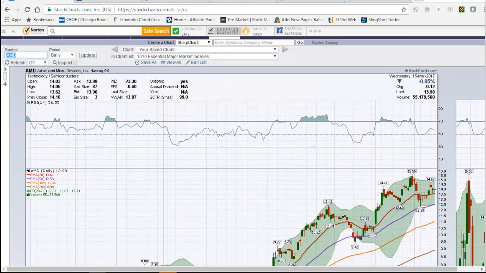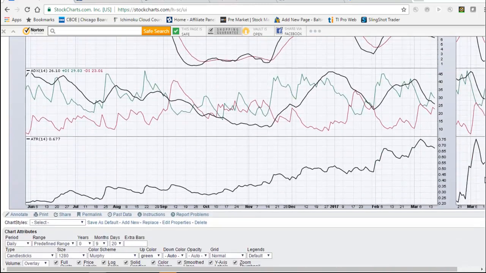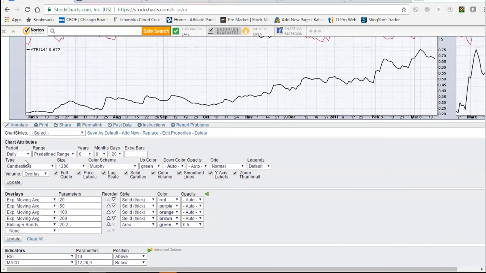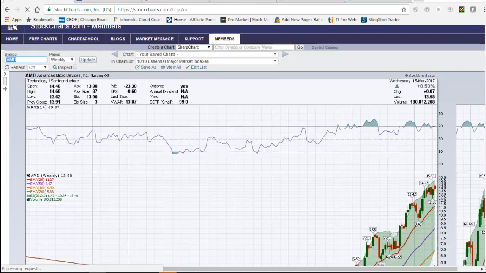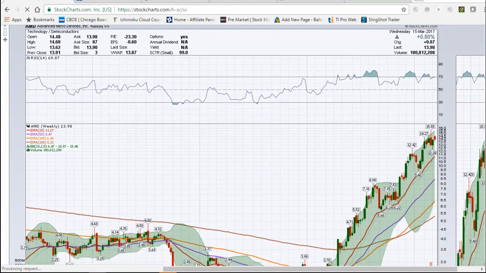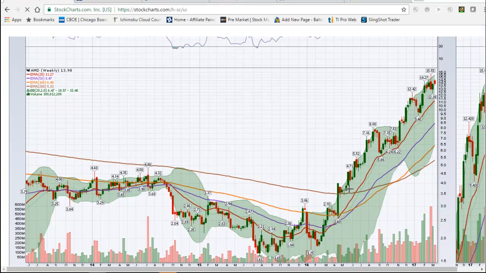Okay, so now what I want to do is look at my weekly and my monthly charts and see if they also show momentum. So let's look at the weekly chart over the past 3 years and see if this stock is showing momentum on the longer term charts as well, which means it's trending higher overall. And as you can see on the weekly chart, it's also in a strong uptrend.